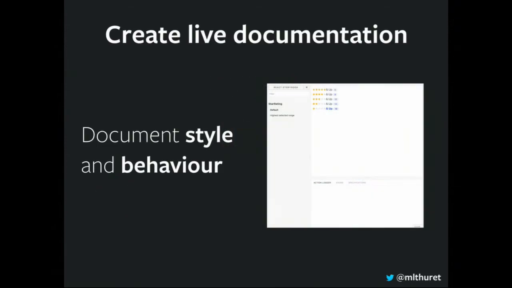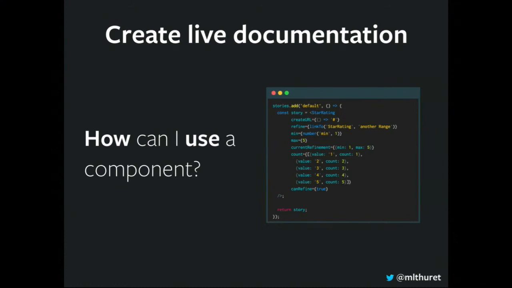Storybook is a great documentation from the outside, because anyone that goes to that website can discover the style and the behavior of your UI components, but it's also a great documentation from the inside. Because once you spot a component that you'd like to use, you just have to read the stories declaration, and you can see how you can use it.